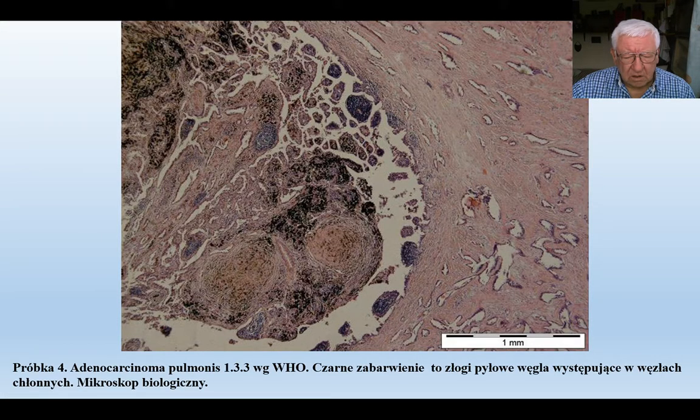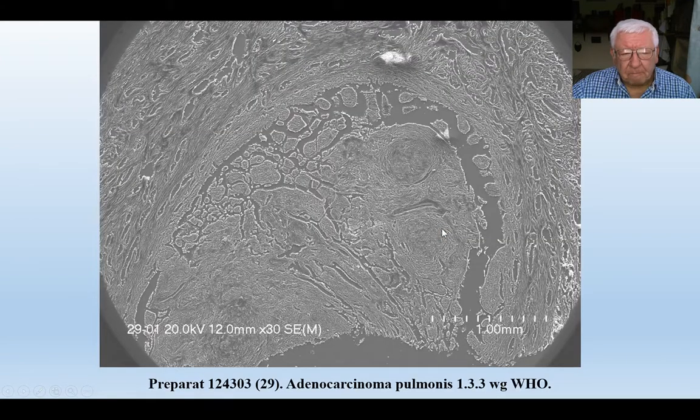This is again a histological picture, and this black is concentration of carbon. This was a miner, still alive. A miner, and in lungs he had concentrations of carbon because he worked in an underground mine of black carbon.